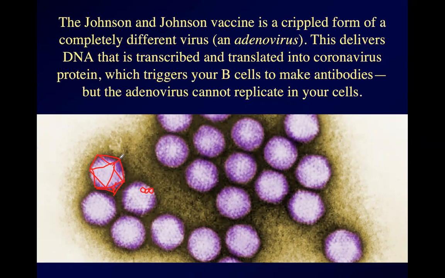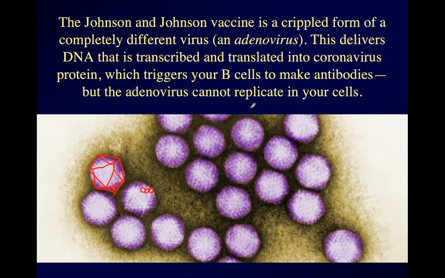And the adenovirus that's used in Johnson & Johnson can't actually make you sick. What it can do is introduce DNA into your cells. And the DNA does not go into your nucleus permanently. It's not genetically engineering you, but the DNA is transcribed and translated into coronavirus protein. So again, your own cells make coronavirus protein. That triggers your immune system to respond.